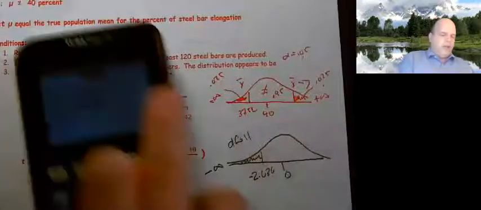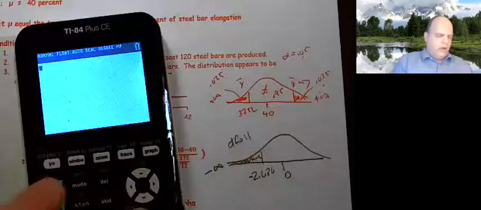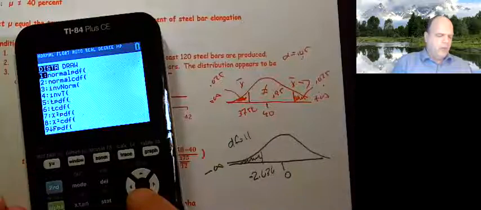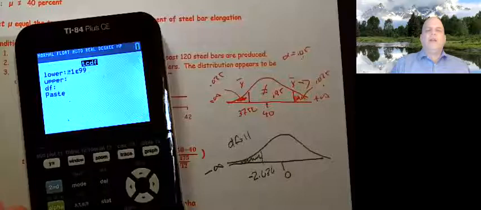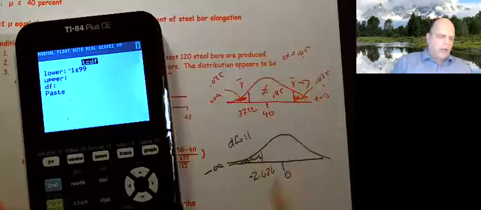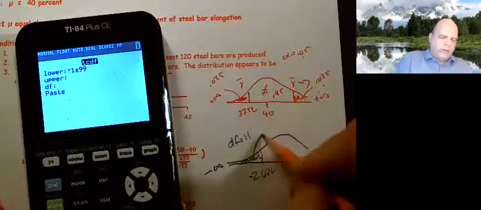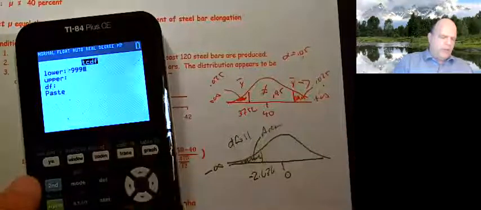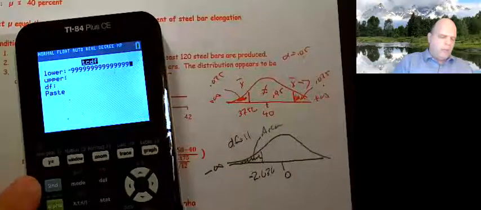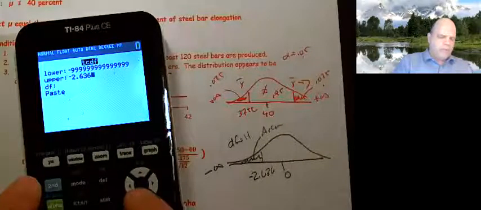So I want to go back and check that out. So 2nd Vars, this time I'm going to use a tcdf because I want to find out the area right here. I'm looking for this area. And my lower bound is negative infinity, so I can just fill that up with a bunch of 9s. My upper bound is negative 2.636. And my degrees of freedom were 11.